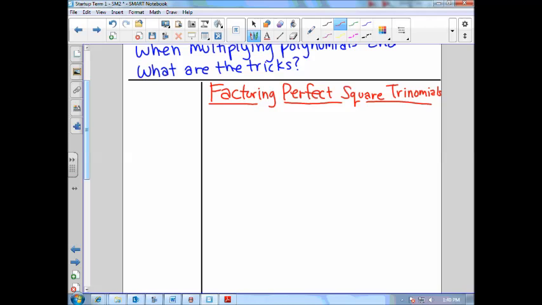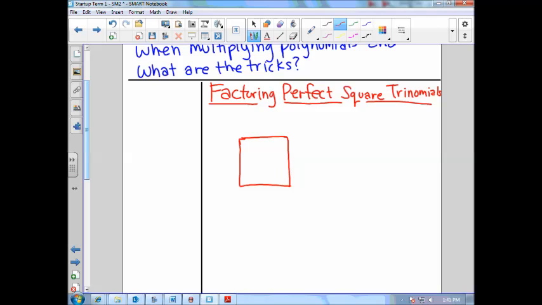Good. I'm going to draw a picture that I'll be erasing so you don't actually have to draw this. A square looks like this, does it not? So we know a characteristic of squares. Alyssa, what do we know about squares?